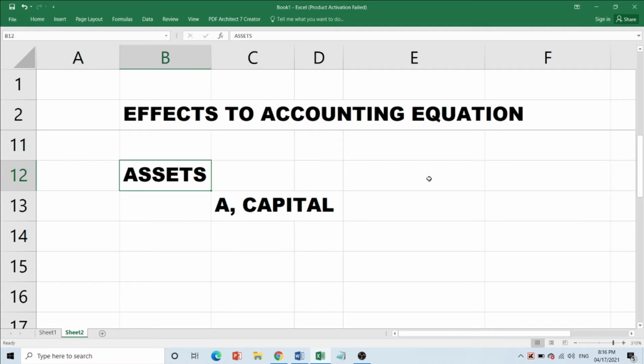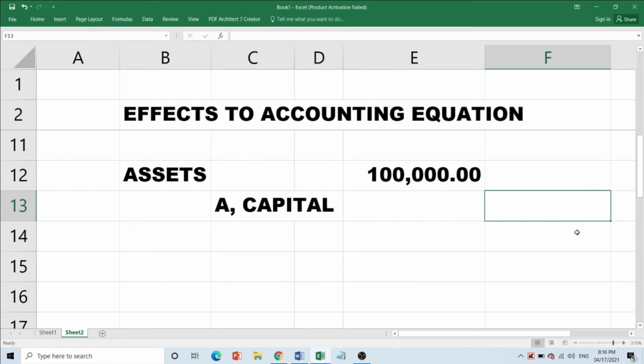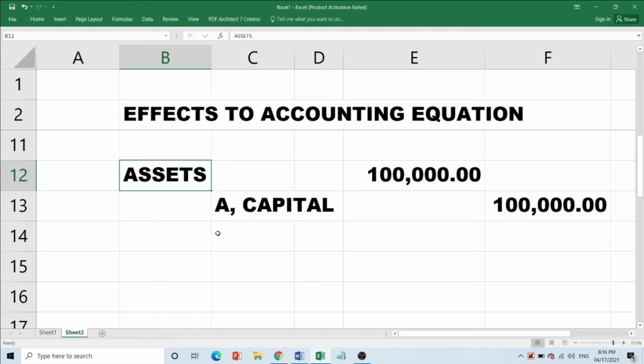Assets has normal balance of, let's say yung invest niya is 100,000. Assets has a normal balance of debit. So since nag-debit tayo dito ng assets, nag-increase si asset. Tingnan natin ang ating accounting equation.